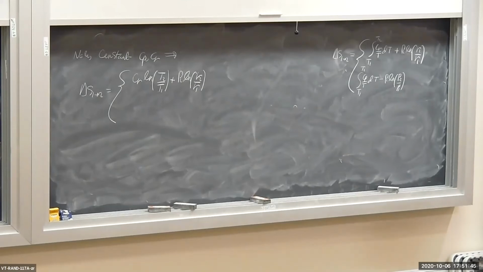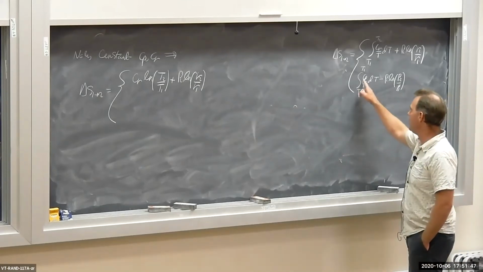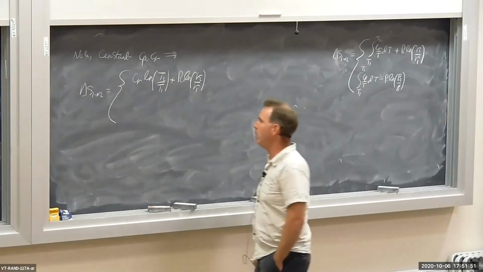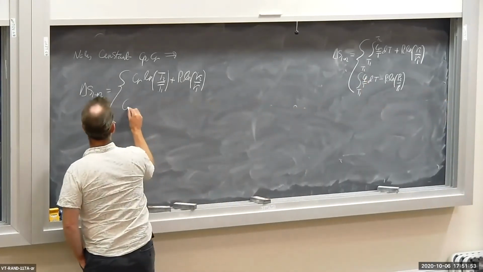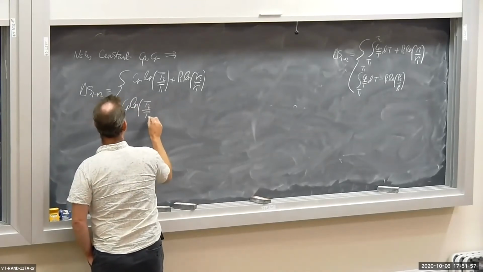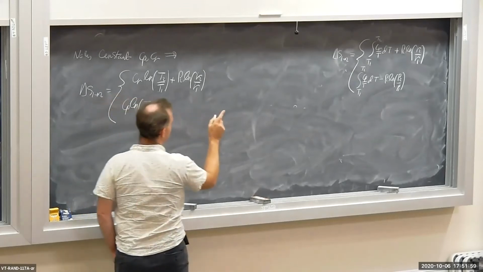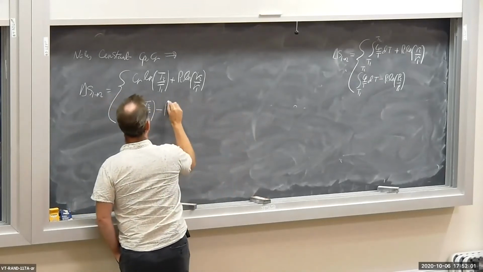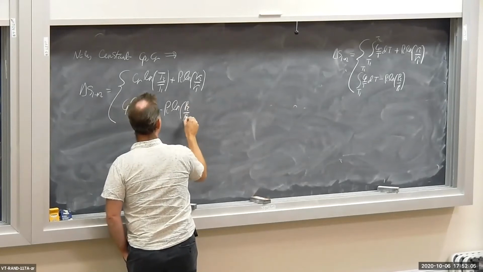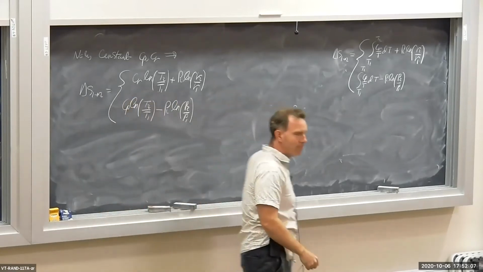The second equation involving enthalpy, or Cp if you like, I can pull that out of the integral as well. And the only difference is I'll have Cp ln T2 over T1, and then I'll have a minus R ln P2 over P1.